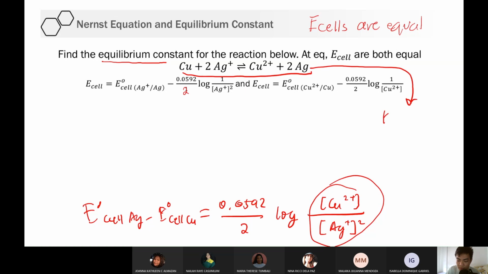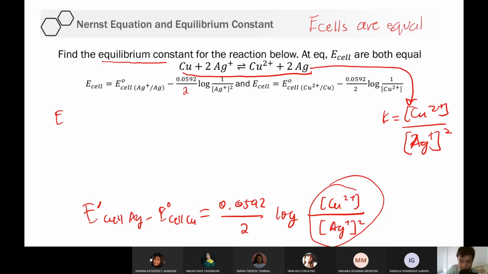Yan yung K. Di ba, if you write the K niyan, that's copper 2 plus product over reactant, Ag plus squared. So, ibig sabihin, this thing here, yung nakuha natin, is the K. No? That's the equilibrium constant. So, okay. So, ibig sabihin, ito ay K lang na tong equation natin sa taas. Okay. So, that's the K.